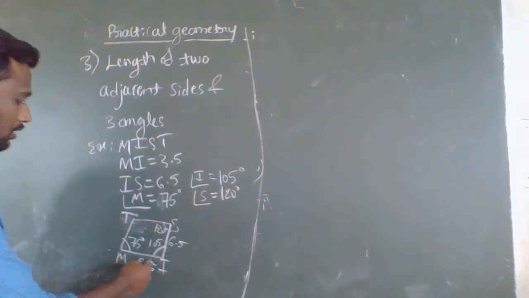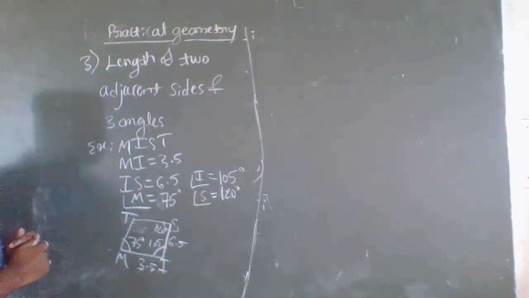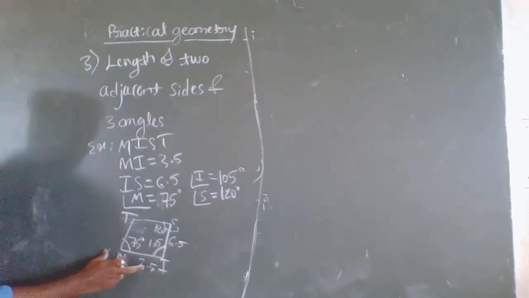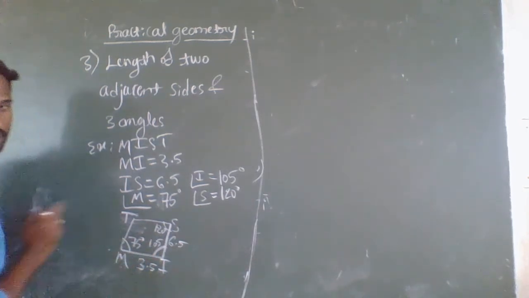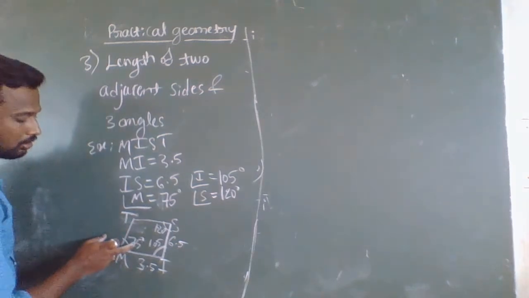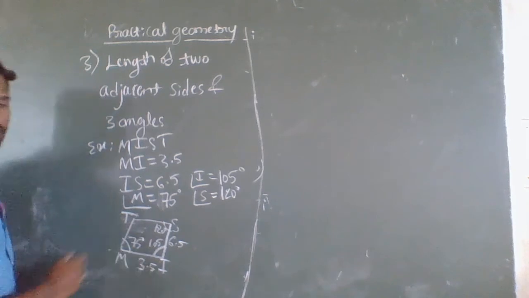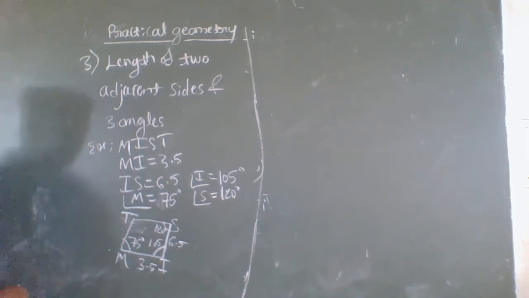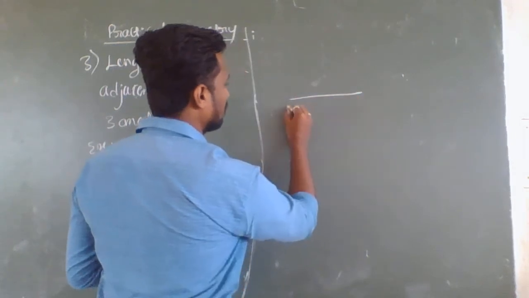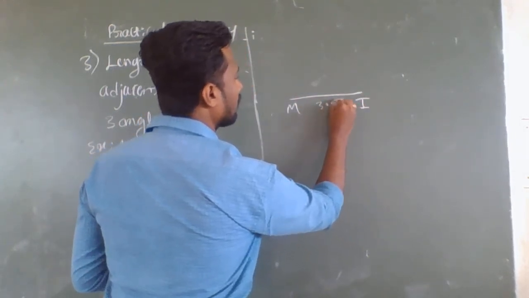First, I consider MI as the baseline because MI contains angle M and angle I. Therefore, it will be easy to draw these two angles when I consider MI as the base side. So now MI is 3.5 centimeters.